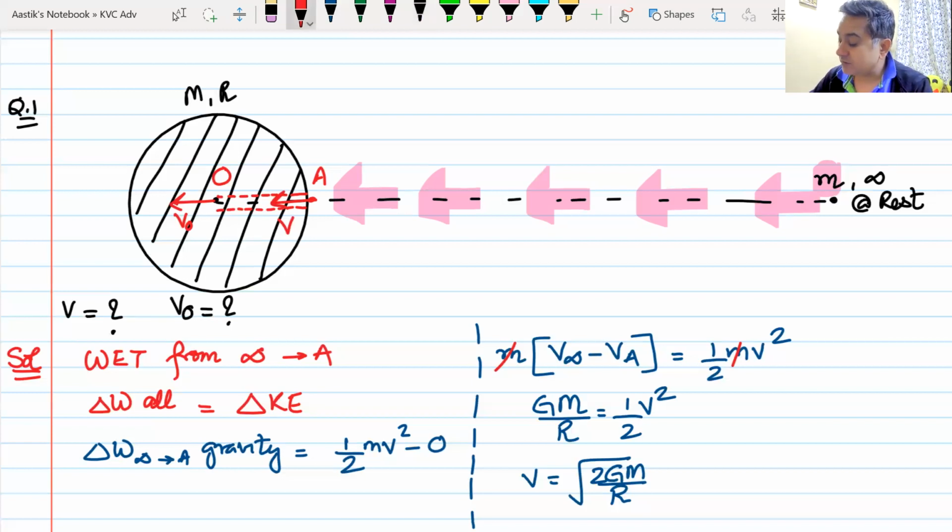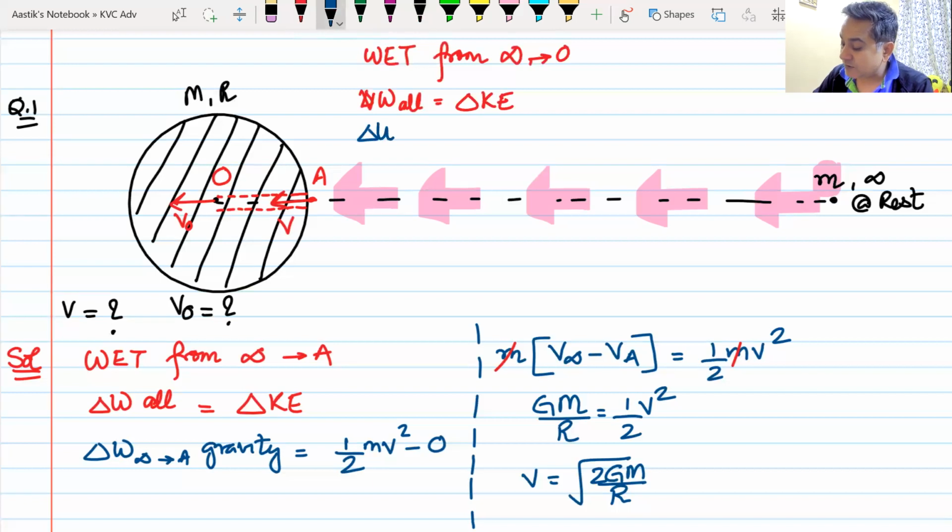I will now apply the work energy theorem from infinity to point O. Work done by all forces is equal to change in kinetic energy. The only force is gravity.